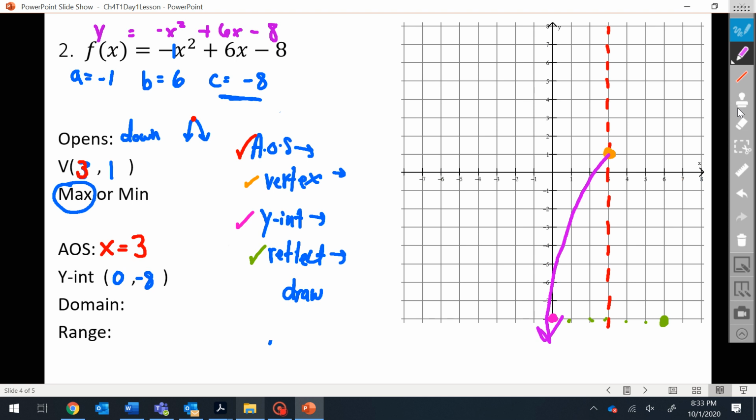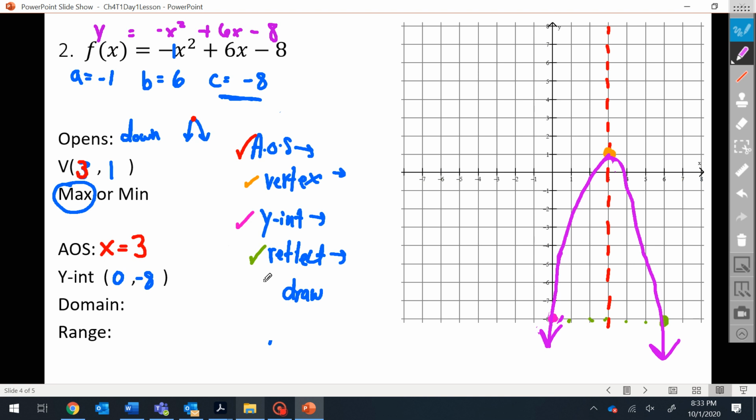It should go through the point. That was kind of my mistake there. Missed it by a smidge. There we go. All right, not the best, but it is what it is.